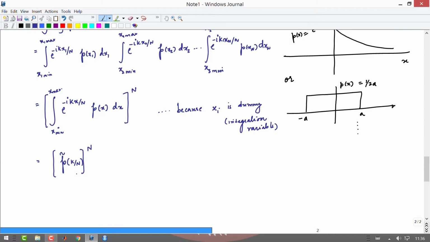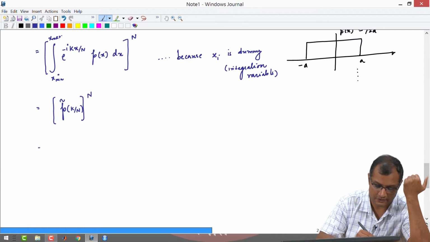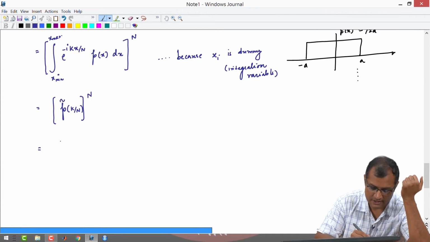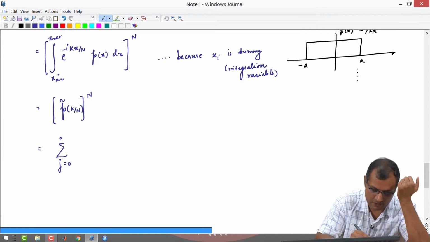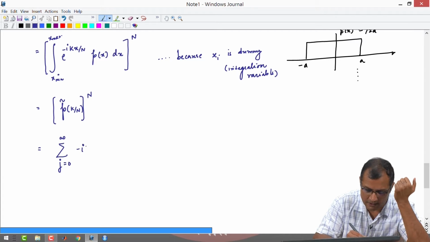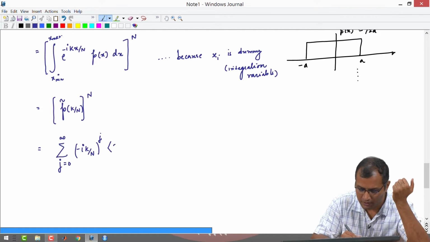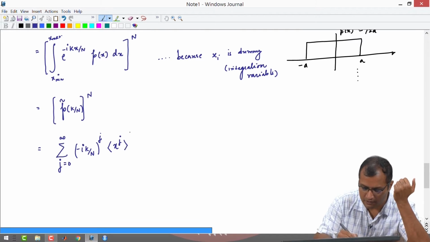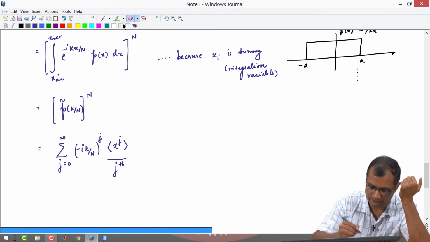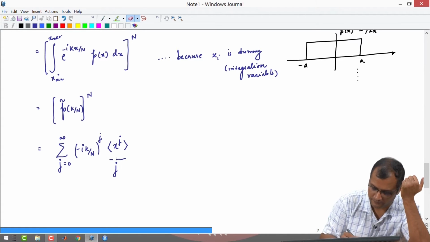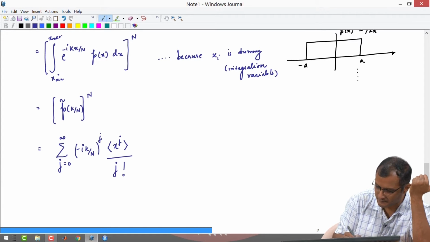Now, if you recall the definition of the characteristic function from the past few lectures, it is nothing but a summation, j going from 0 to infinity, minus ik by n to the power j, jth moment divided by j factorial.